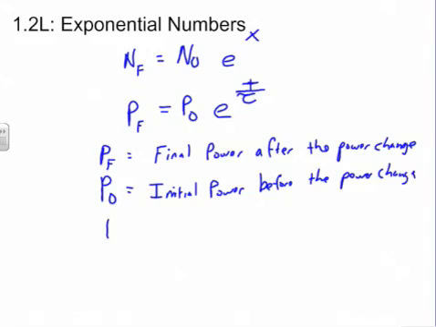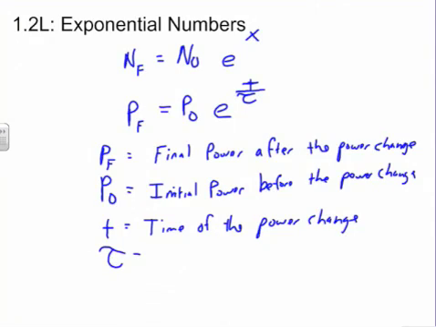And t is the time of the power change. So maybe it takes us an hour, maybe it takes us 15 minutes, whatever. We're going up at a constant exponential rate during this certain amount of time.